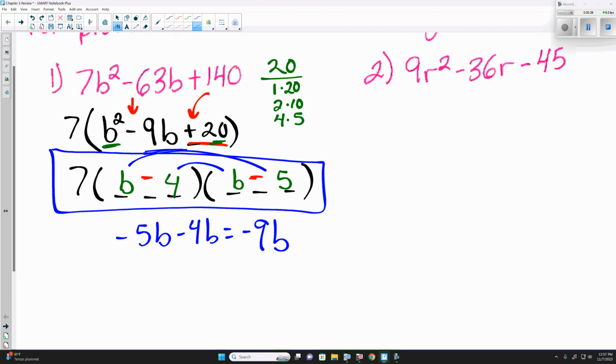Questions on this here? Questions on number 2? Questions on 1 or 2? We're good with problems 1 and 2.